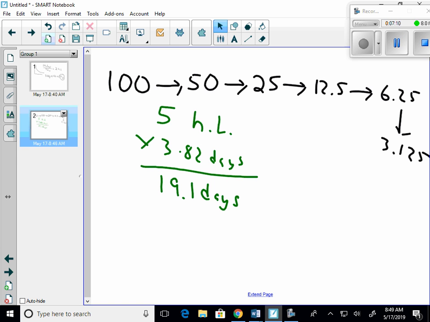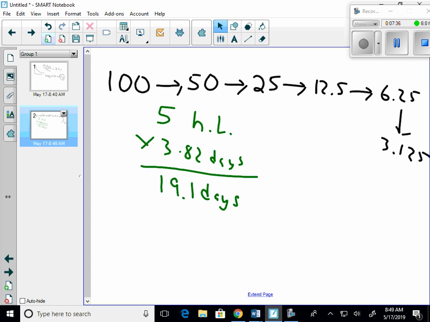Finally, letter C. How many grams of polonium-218 will you have at this point? If the radon, the unstable thing, only has 3.125 grams left, I would subtract that from the original sample.